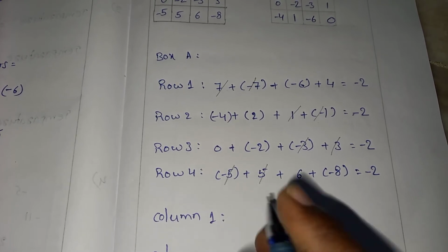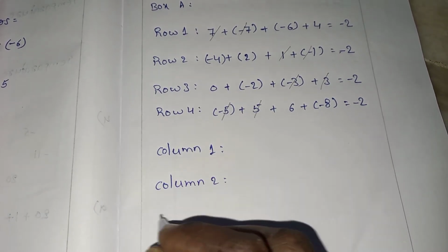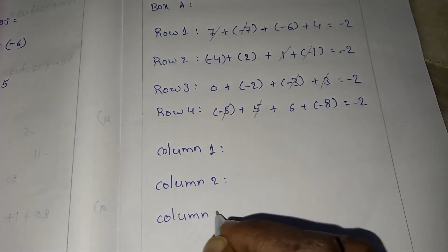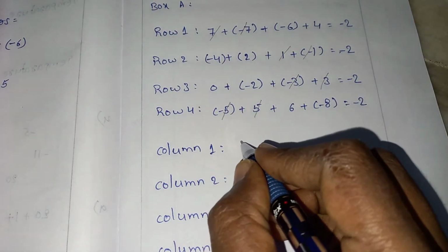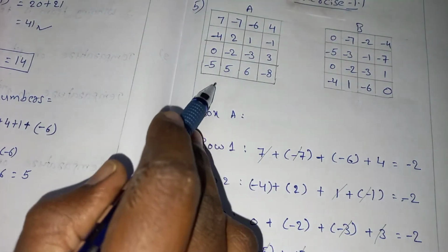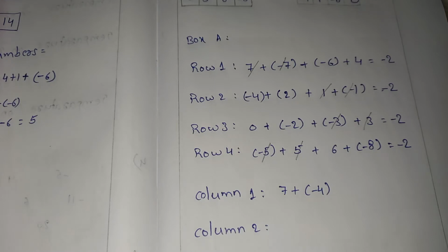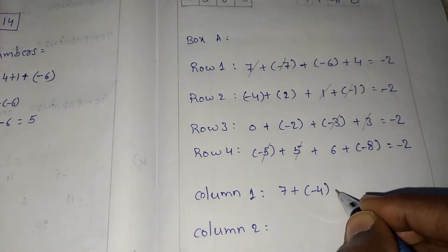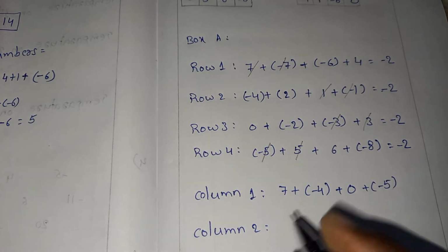You have to write all the 4 columns. First column. Column means like this, straight. 7 plus -4 plus 0 plus -5.